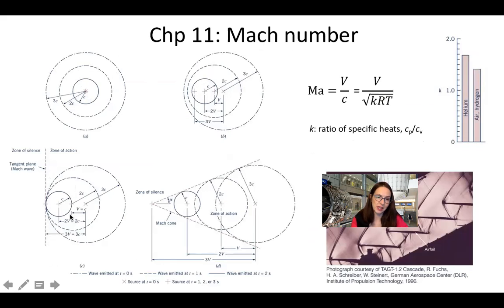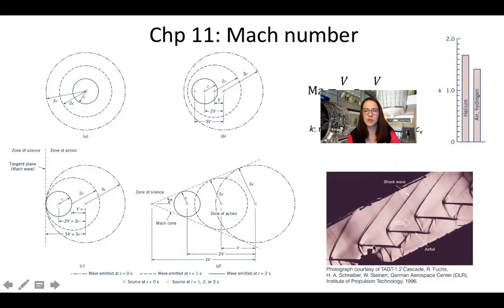Here, the current speed is the same as the wave speed, and I'm using a Froude number analogy because I'm talking about ponds and open channel flows, but if we're talking about compressible flow, this is a Mach 1 situation. And then for a Mach number greater than 1, you actually get these circles that start to be swept back.